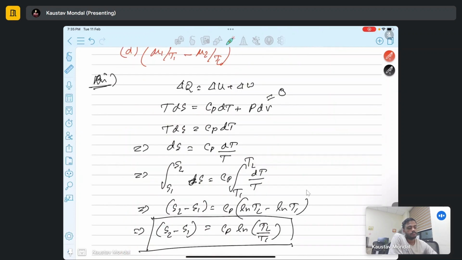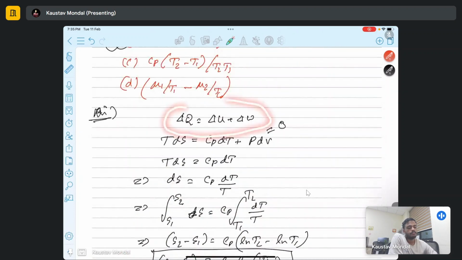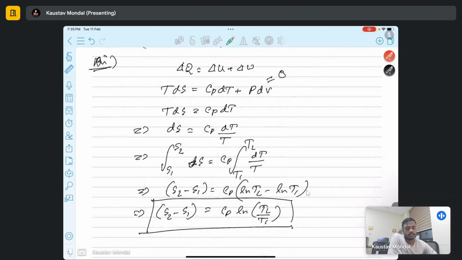So what I've done, I first write the first law of thermodynamics, and as there is no phase change involved in the system, dW, that is PdV, becomes equal to 0, as dV is equal to 0, and from there TdS equals Cp dT, so dS you can write as Cp dT by T.